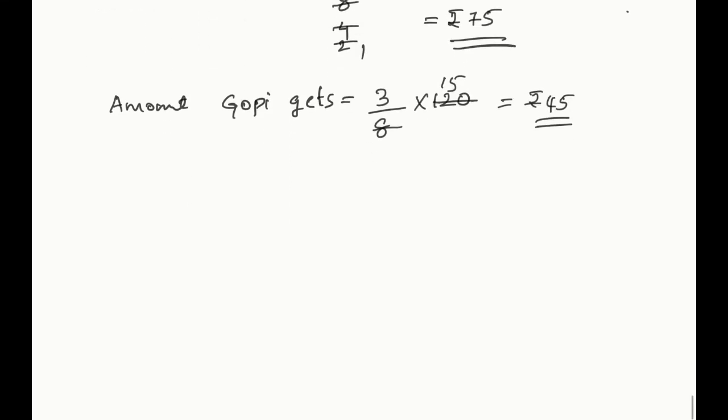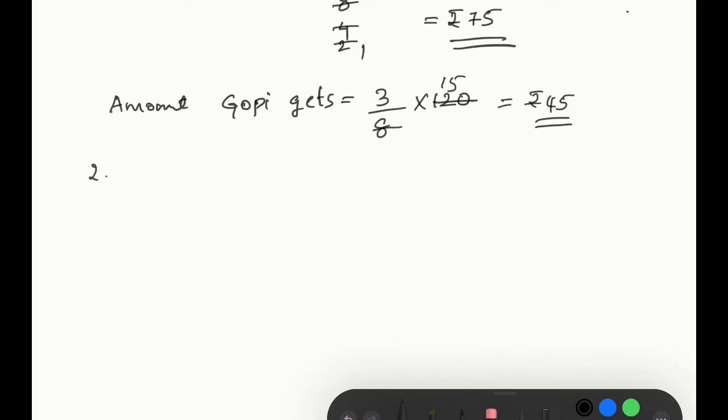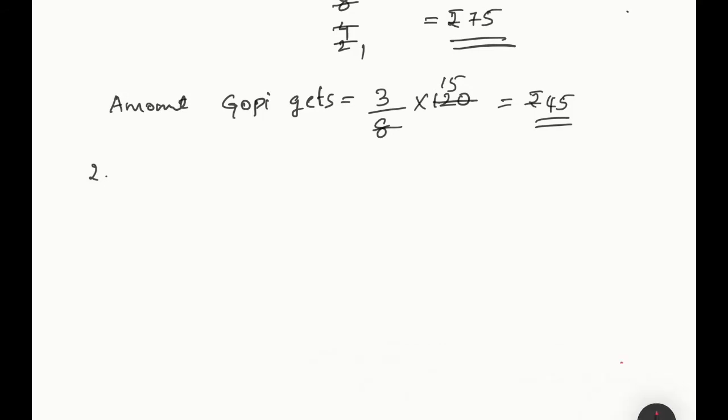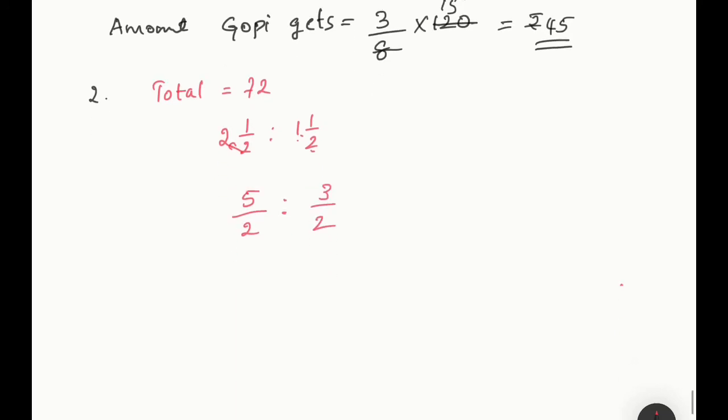Hope it's clear. Okay. Now let us go to the second question. What is given in the second question? Divide 72, that is the total, in the ratio 2 1 by 2 is to 1 1 by 2. So let us see. 2 1 by 2 means, how do we do it? 2 2s are 4 plus 1 is 5. 5 by 2 is to 2 1s are 2 plus 1 is 3, 3 by 2.